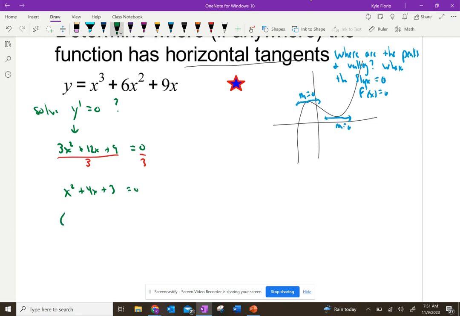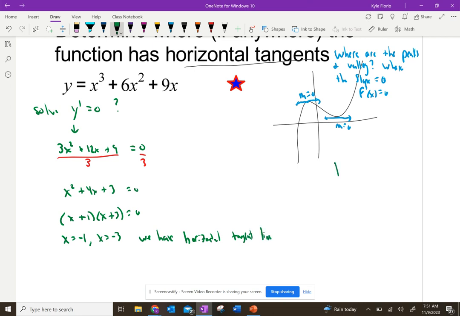And this is going to factor nicely. What multiplies to 3 that adds to 4? And that's going to be 1 and 3. 1 times 3 is 3. 1 plus 3 is 4. So at x equals -1 and x equals -3, we have a horizontal tangent line.